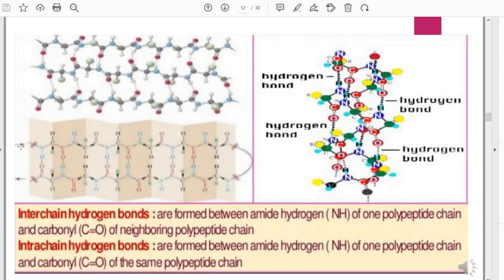So here they are anti-parallel beta pleated sheets. This is the peptide bond here, the red one, okay?